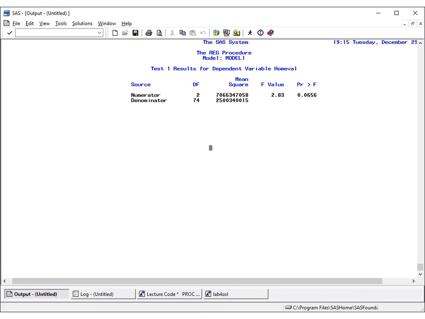And then I scroll down and there we are, right? So the MSE degrees of freedom apparently are 74. Our test statistic is an F statistic, 2 degrees of freedom in the numerator, 74 degrees of freedom in the denominator. 2.83, a p-value of 0.0656, so just barely non-significant.